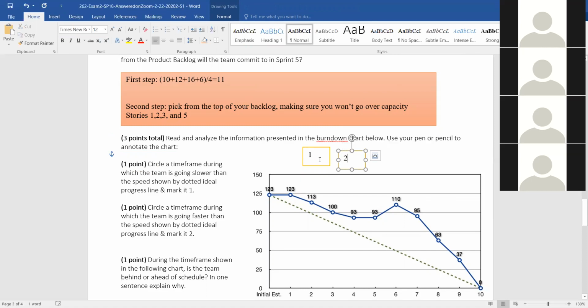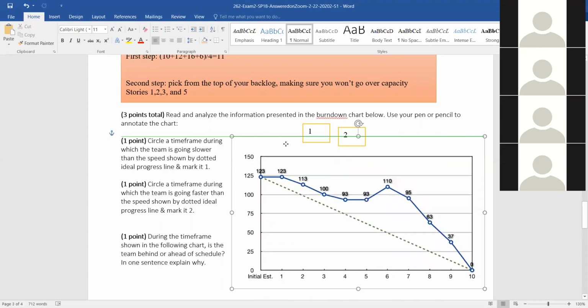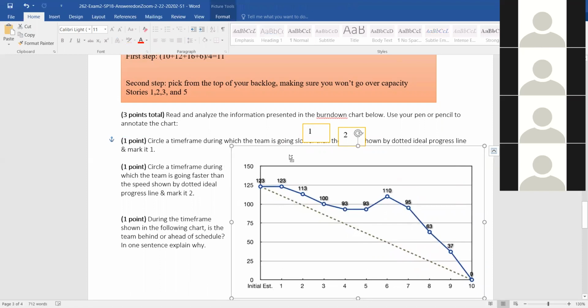Okay, go ahead, show me. Not the first one, the second example of these things that you see. Matthew, I'm gonna give you control. So explain that as if it's the first time we're doing it because Scott is new here for the exam review. So circle a time frame or put a box around the time frame where the team is going slower.